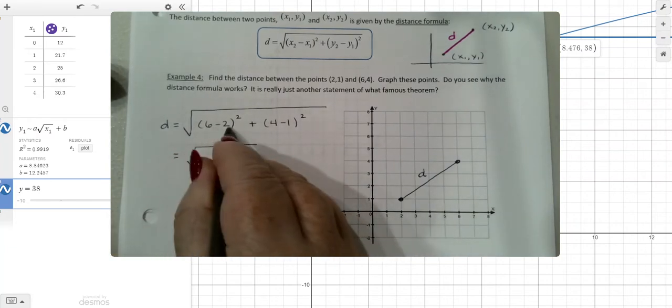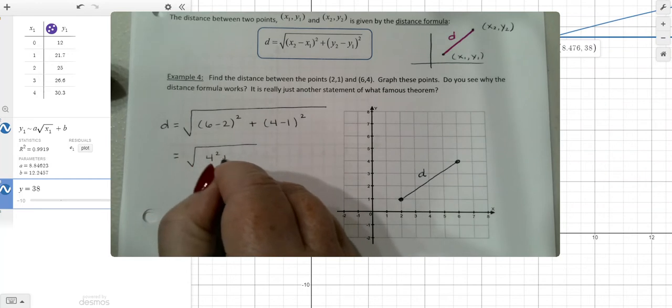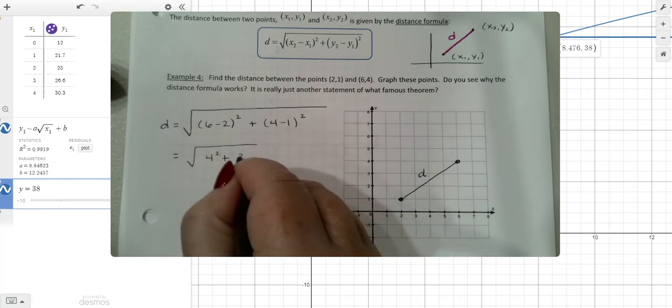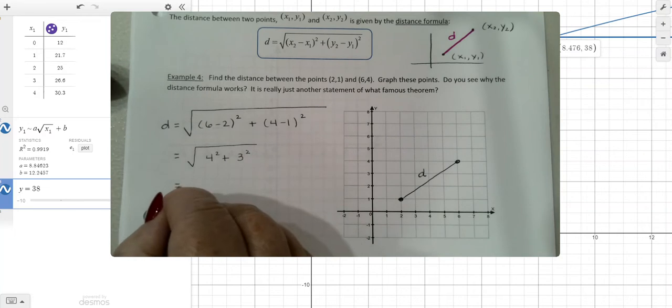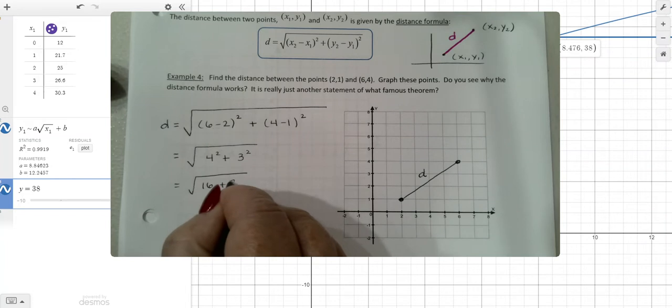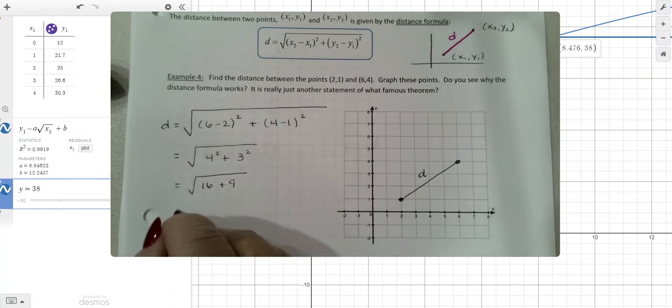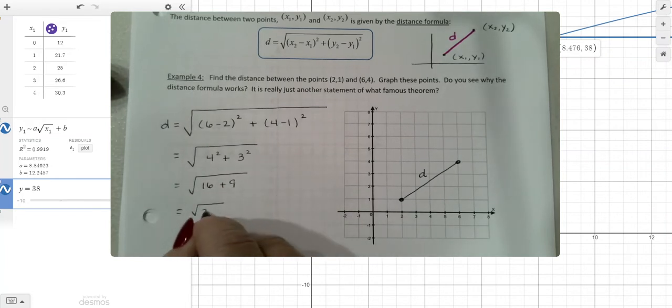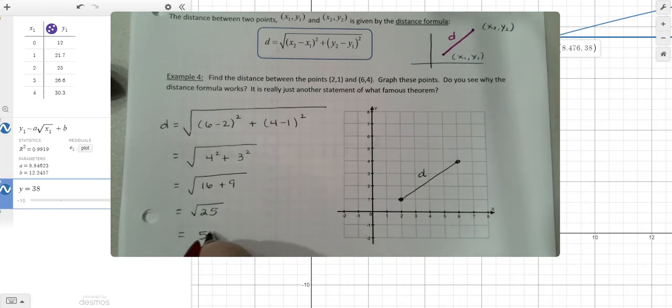So that would be 4 squared plus 3 squared. Square root of 16 plus 9, which is the square root of 25. So that distance in this case is just 5.